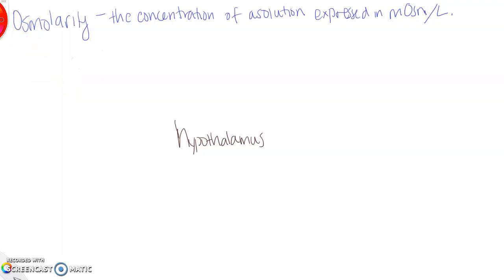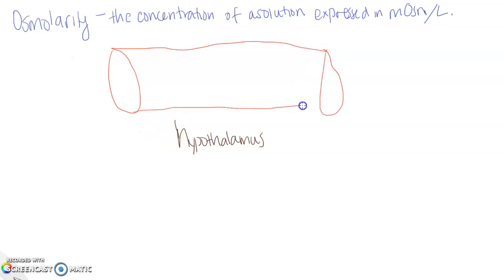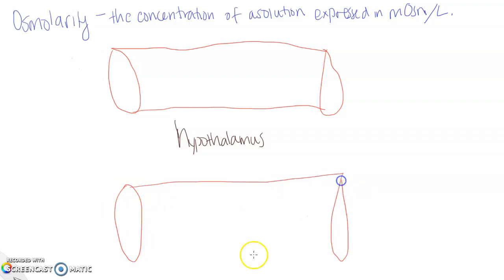So I'm going to show you a blood vessel. And I'm going to show it to you in two ways. So I'm going to show you a blood vessel here and a blood vessel here, but it's the same vessel. I'm just showing it to you in two conditions.